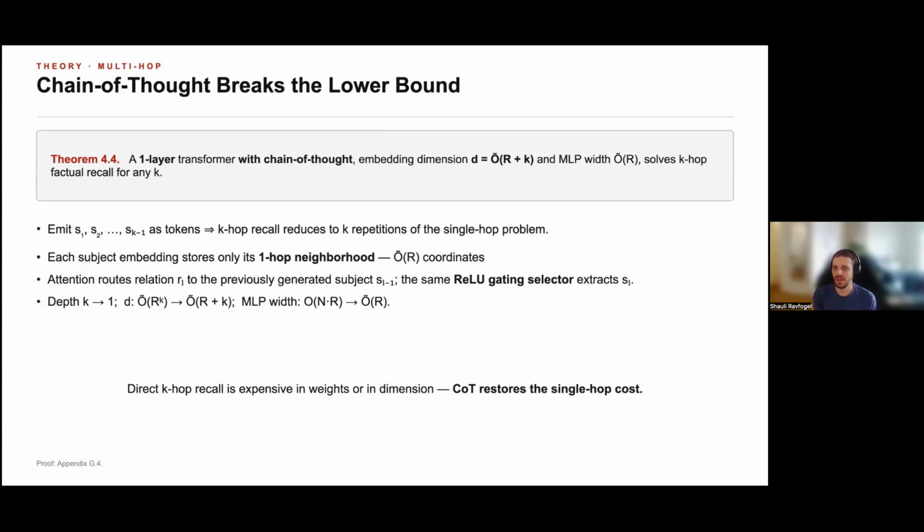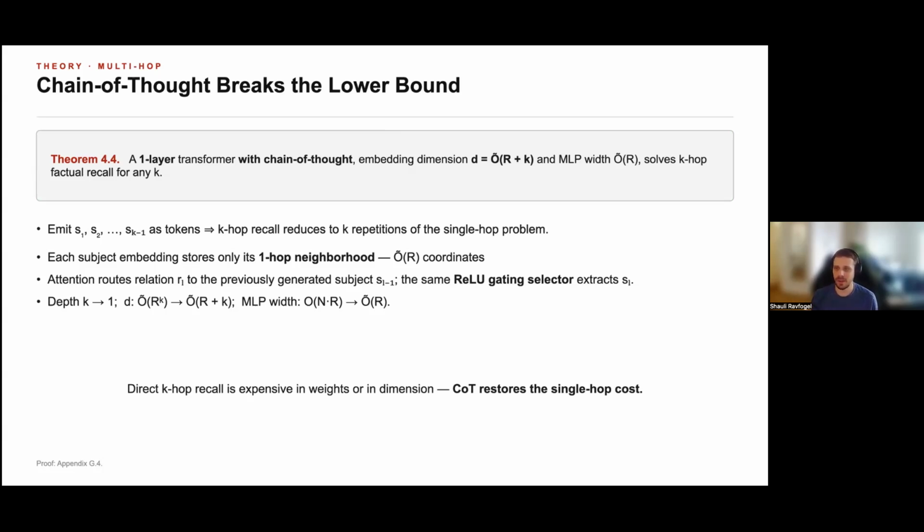Then after we generated the answer to the first relation, we can just apply the second relation on this intermediate entity, etc. So we have the chain of thought, which is just the series of intermediate answers to the composition of every prefix in the sequence of k relations. Then, after we generated each intermediate answer, we can read the embedding of this entity, and then we can easily compute the answer to the next relation.